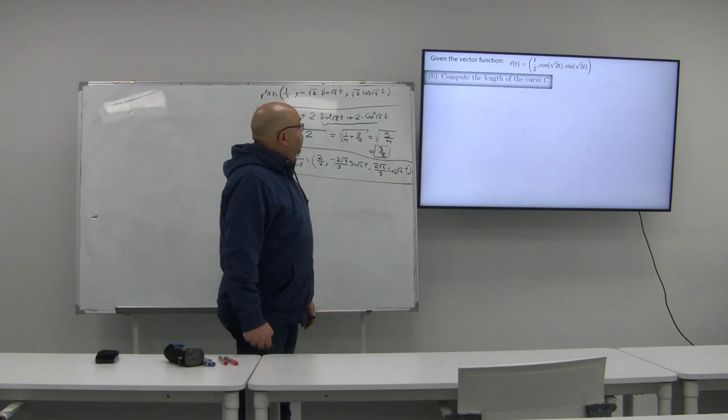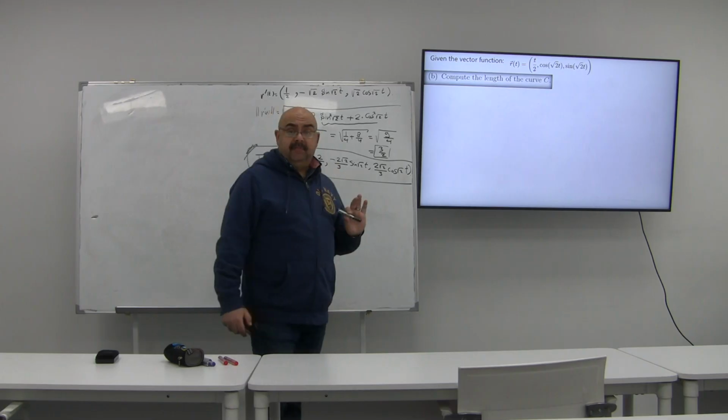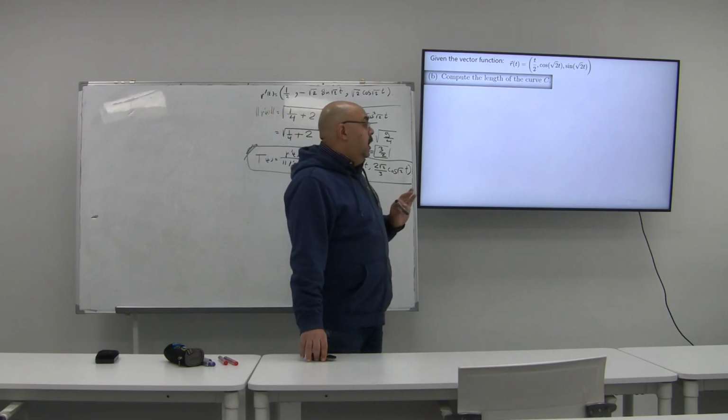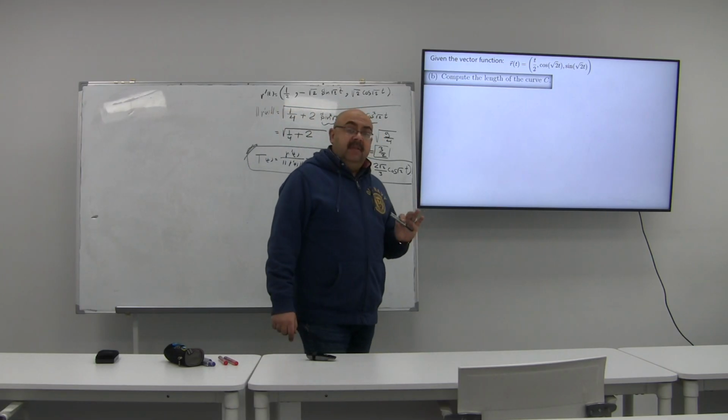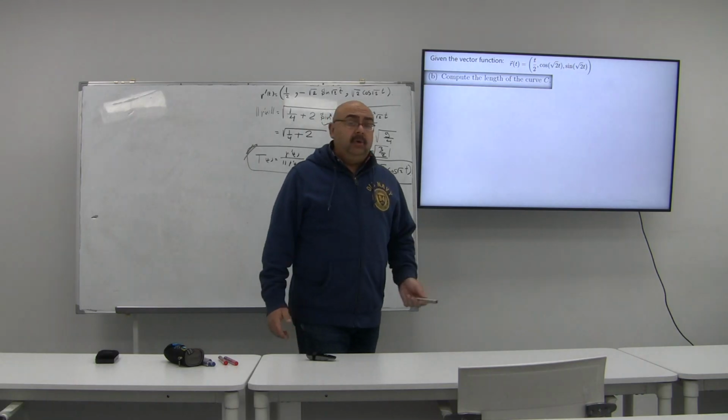For the second requirement, he will ask you to compute the length of the curve. If he wants you to evaluate the length of a curve, it means the arc length. How do we get the arc length?